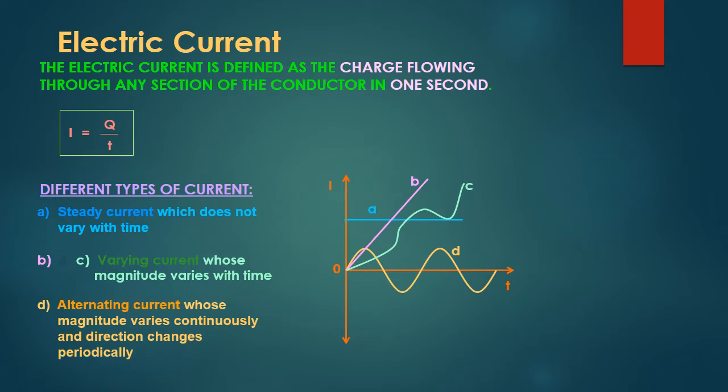So basically we talk about only two types of currents. First is direct current and the second one is alternating current, DC or AC.